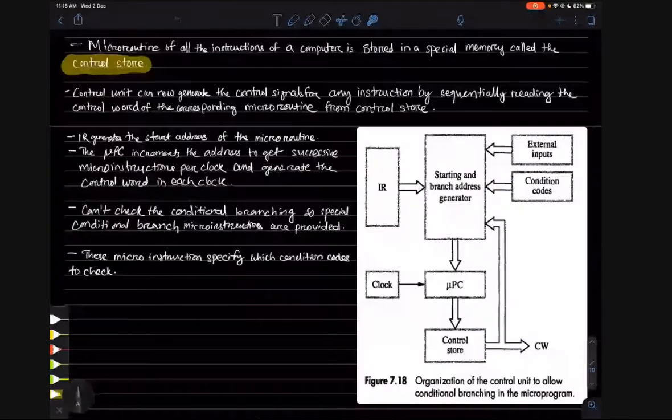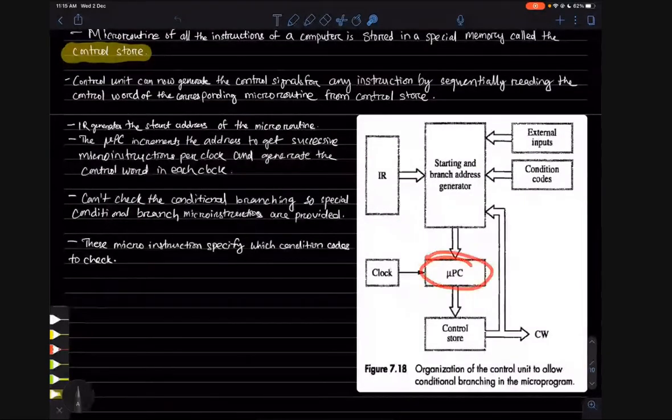The start address will be given to the micro program counter, and from that it can easily generate all the signals row by row. The micro program counter increments the address to get the successive micro instruction per clock. So the micro program counter will increment itself in every clock cycle, and it will generate the control word sequentially.